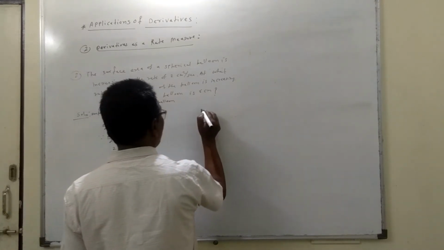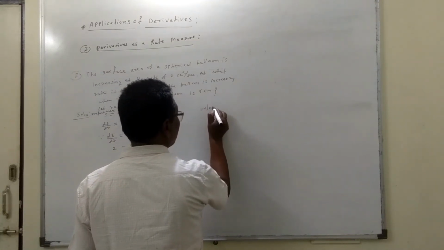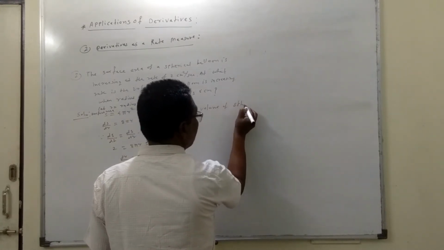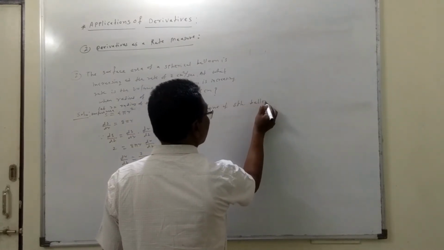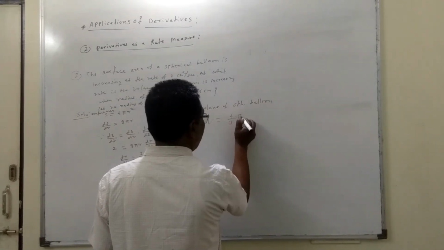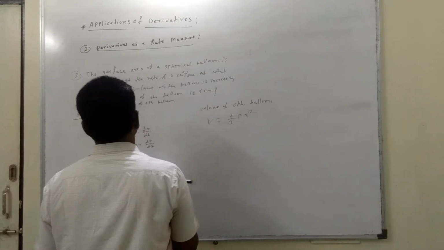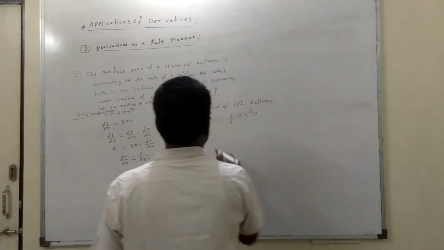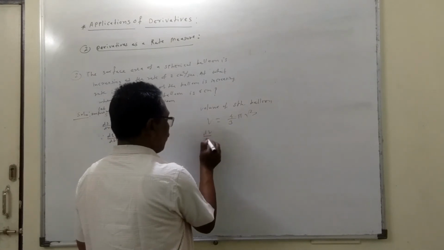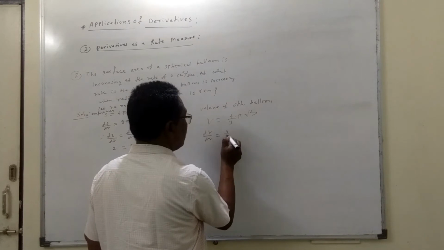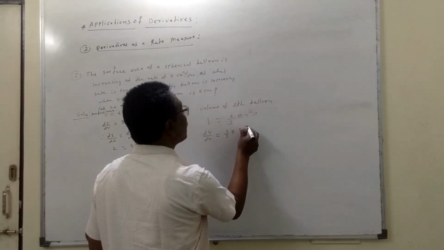So now what is the volume? Volume of the spherical balloon V is equal to 4 upon 3 pi r cube. So dv upon dr is equal to 4 upon 3 pi and the derivative of r cube, 3r square.